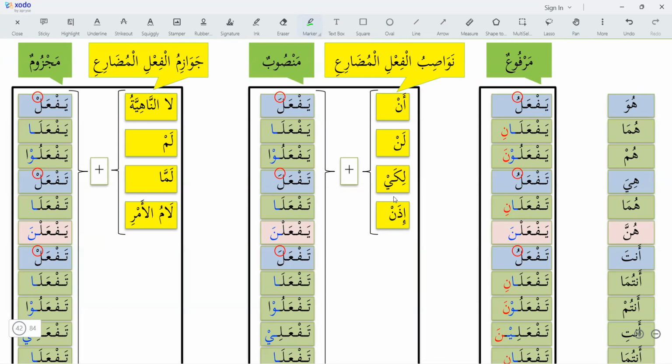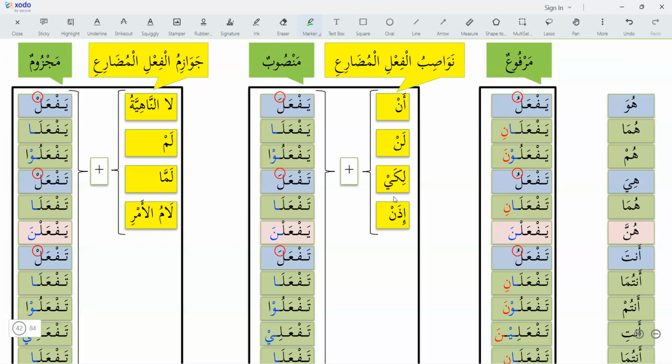So they are the particles of mansub. Nawasibul fi'lil mudare. Then there are those mushabba bil fail, like an, lakin, laita, laisa.